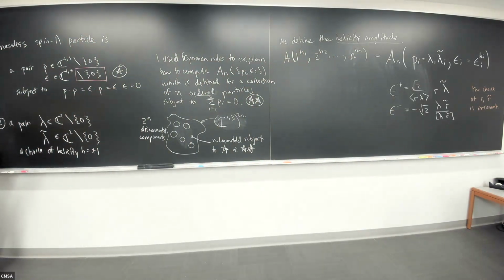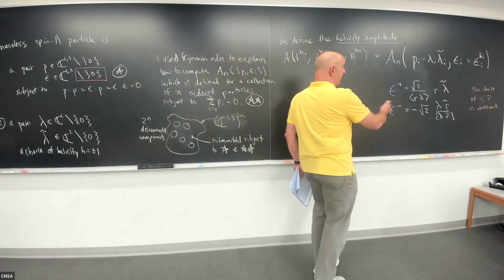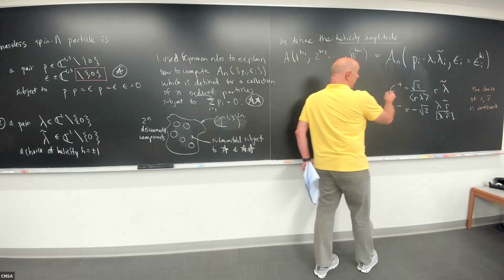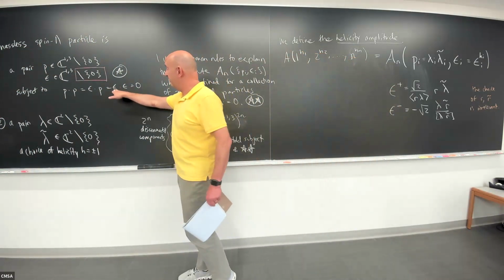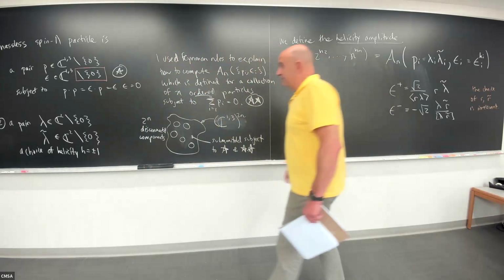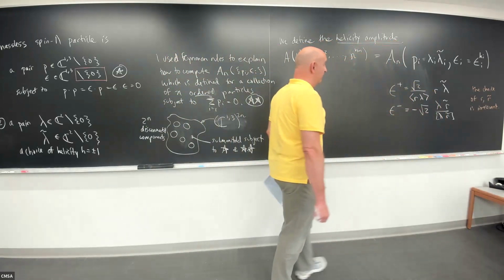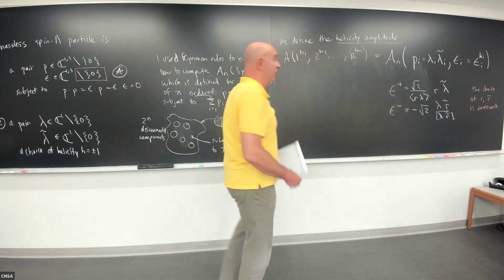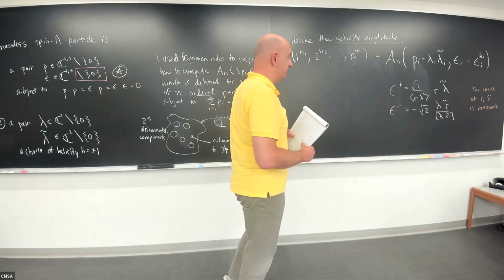And thanks to gauge invariance, it's sufficient to choose a particular representative solution. If you switch to a different choice of polarization vector, you'd just be moving around within the space where the amplitude changes by no more than rescaling by an overall factor.